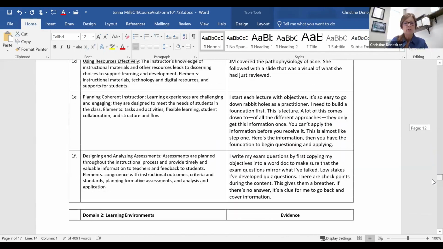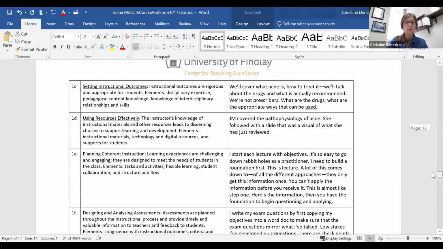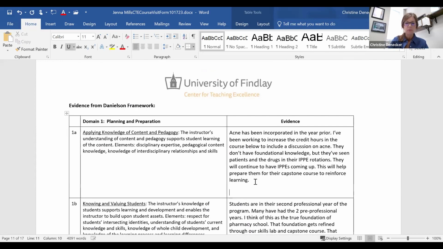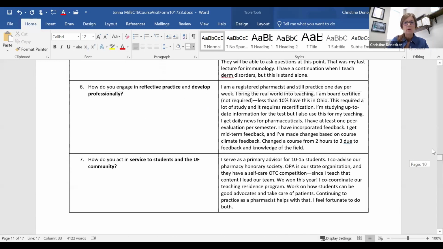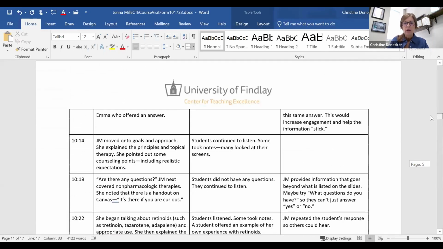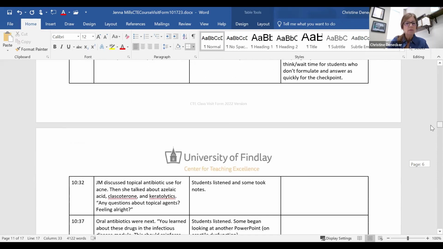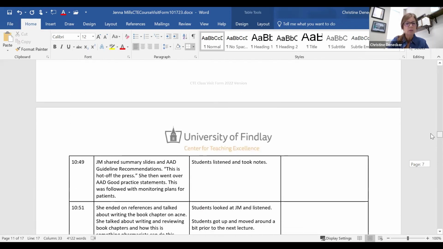And there's a spot that I'm going to get another one in a minute that I want to grab. So this is 1A. She talks about something being hot off the press, towards the end.